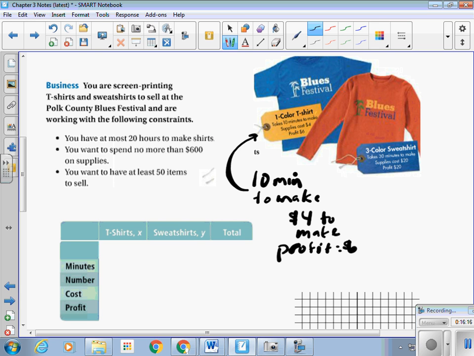For a 3-color sweatshirt, it takes 30 minutes to make. The supplies cost $20, and our profit is $20.